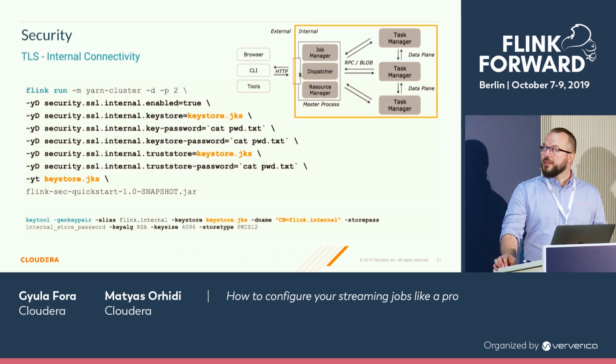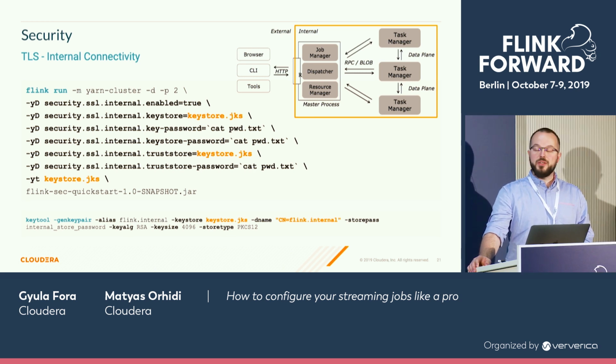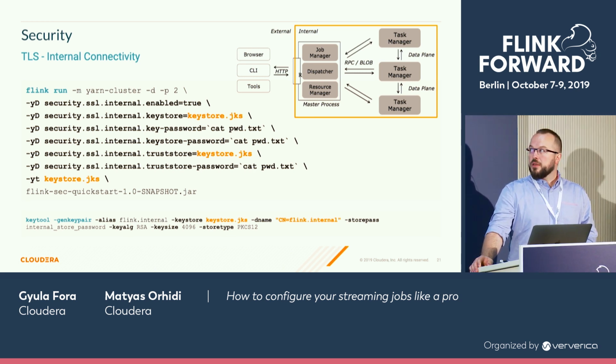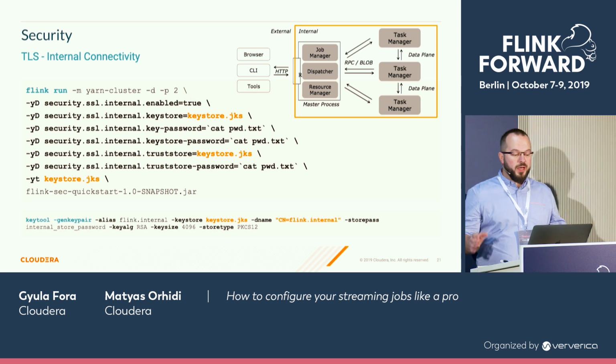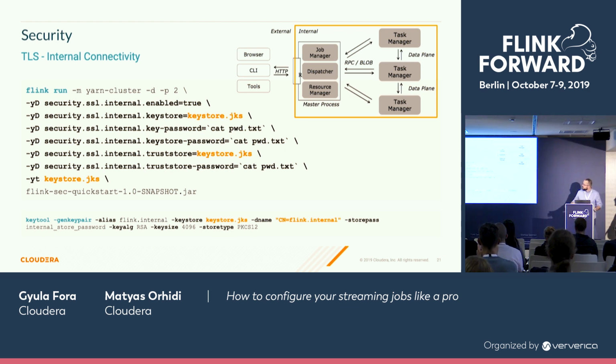TLS. TLS is a little bit challenging in Flink, or at least I found it challenging in Flink. Flink distinguishes two types of TLS encryption, internal and external. It protects the internal connectivity by TLS as well. And this means that RPC communication, the data shuffling, and also the blob store are protected with TLS.